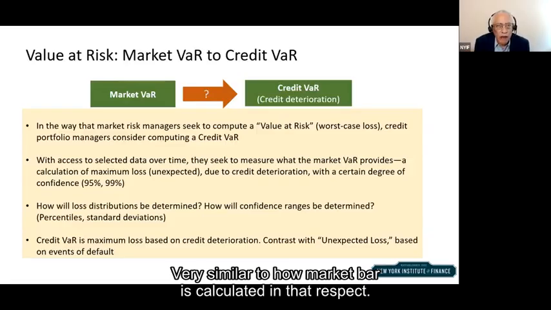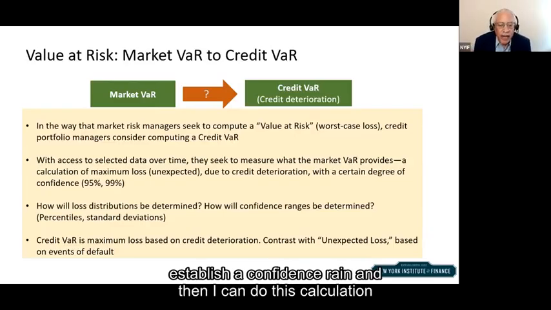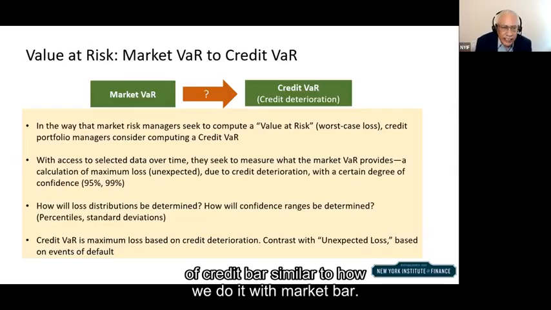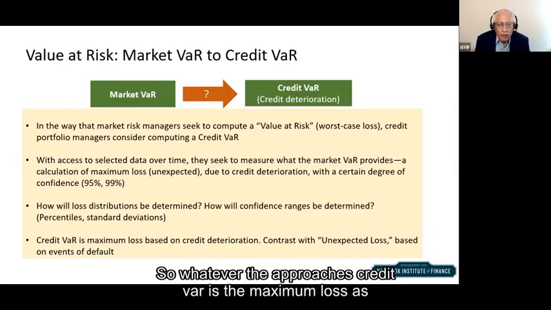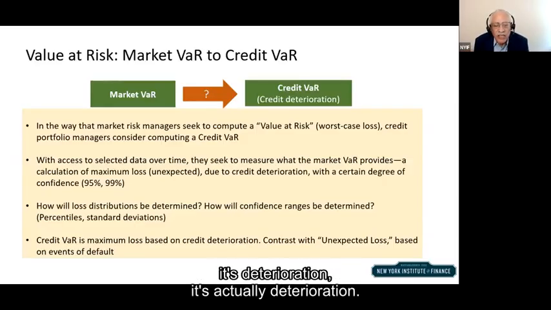Very similar to how market VAR is calculated in that respect. And then I can look at my distribution of possible losses. I establish a confidence range, and then I can do this calculation of credit VAR, similar to how we do it with market VAR. So whatever the approach is, credit VAR is the maximum loss as a result of credit deterioration. It's not default, it's deterioration.